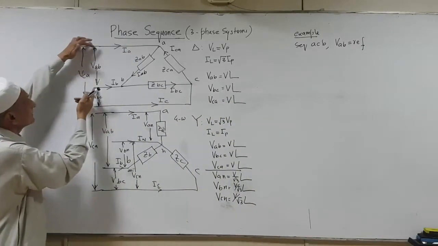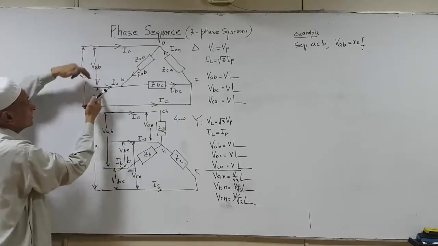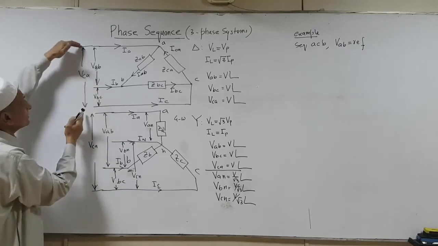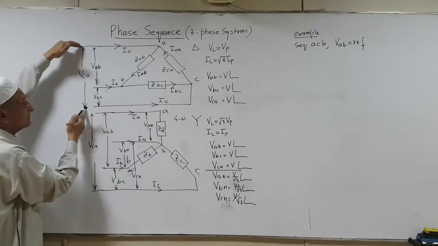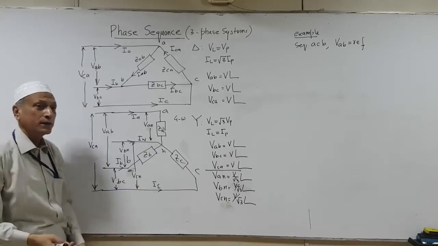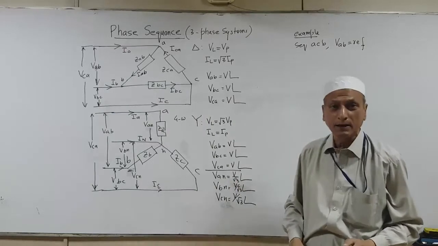For example, in this case we have VAB between terminals A and B, VBC between terminals B and C, and VCA between terminals C and A. By definition, phase voltages are those voltages which appear across the individual load impedance.